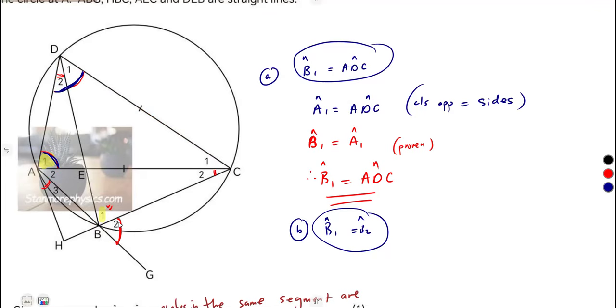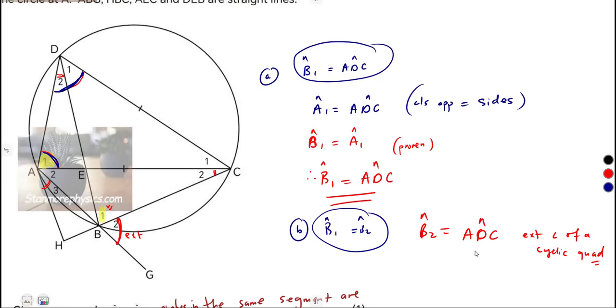So angle B2 is the exterior angle of a cyclic quad. It is equal to the opposite interior angle. Angle B2 is equal to ADC, from the exterior angle of a cyclic quadrilateral.